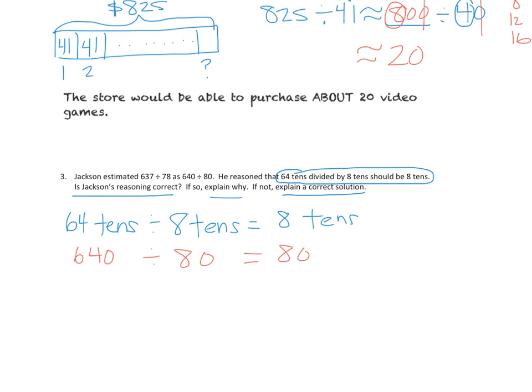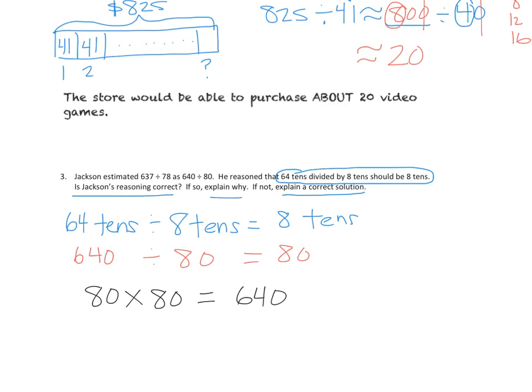Let's think about this. If he thinks this is the answer, the quotient, let's work backwards and say, if 80 times 80, does that equal 640?